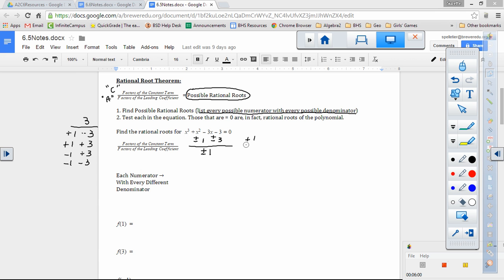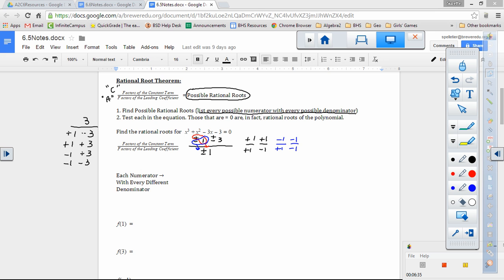+1, okay, so right now I'm concentrating on +1 with both denominators. So +1 could go with a +1, or +1 could be divided by -1. So that takes care of my +1. Now I'm going to do the same thing with the -1 with both denominators. Okay? So maybe I should do them in colors, right? So -1 and +1, -1 and -1.